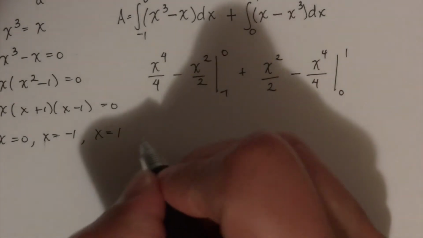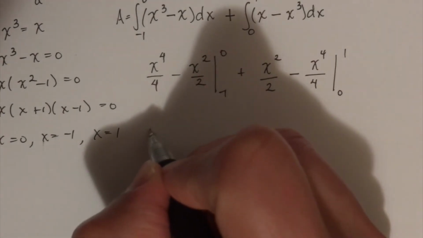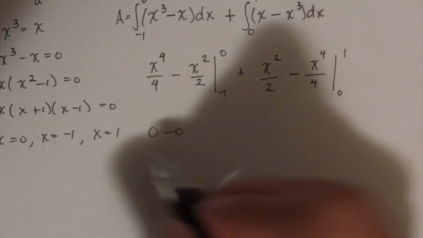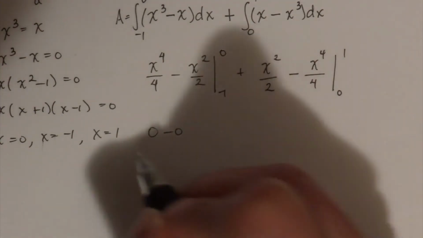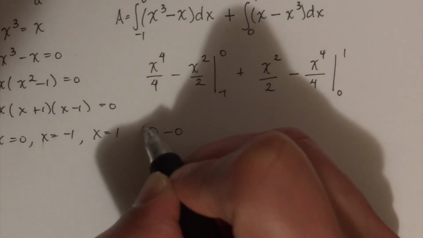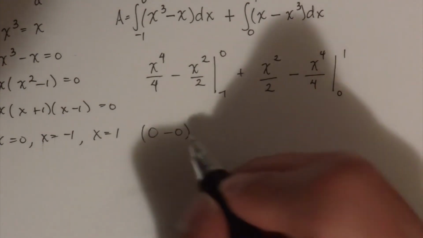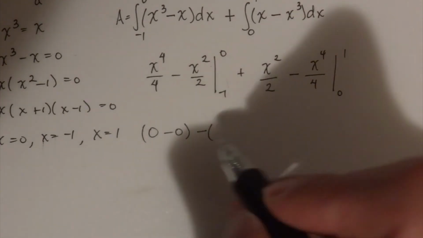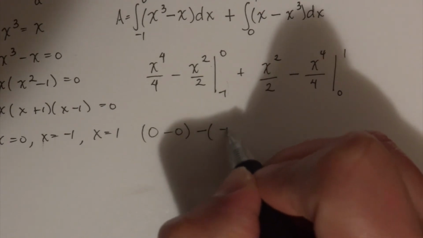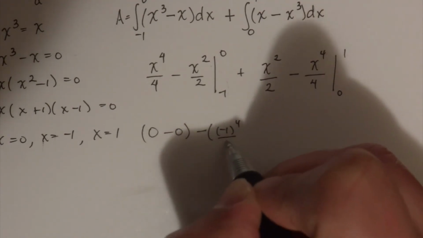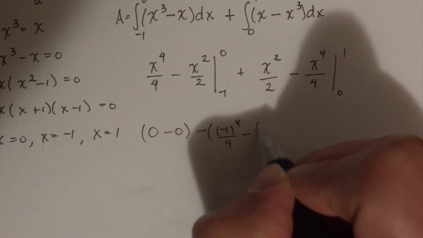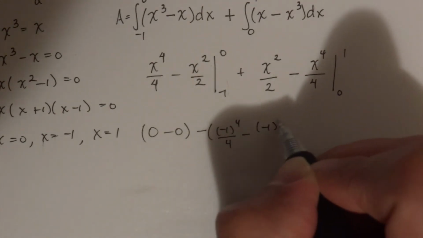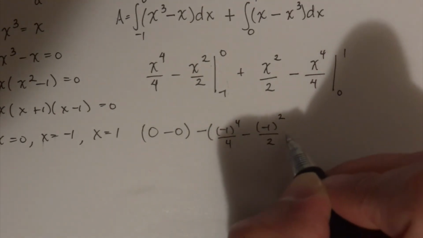Well, this is going to be 0. Well, that's going to be 0 minus 0, right? Okay. The first part. Okay, minus, now I'm going to put this guy in here, and that's going to be negative 1 to the 4th over 4, minus, parenthesis, that's going to be negative 1 squared over 2.